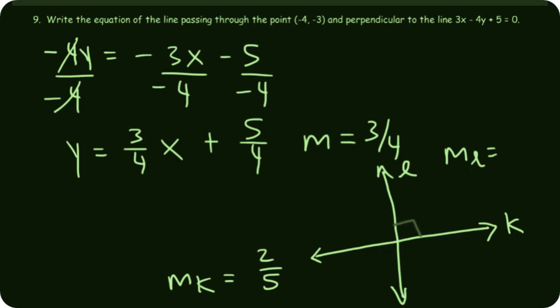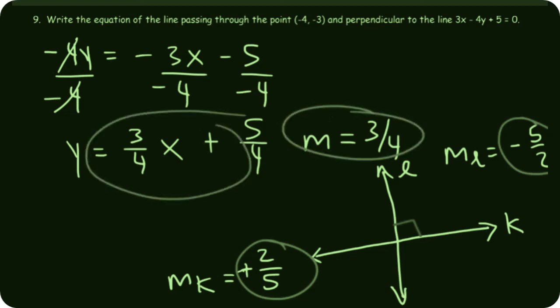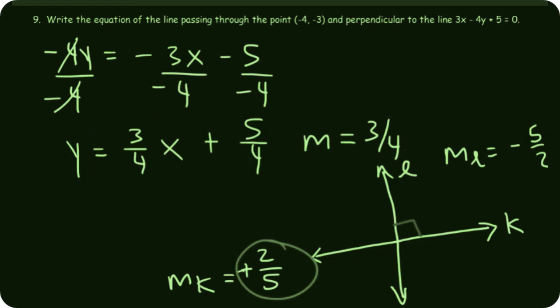Perpendicular lines have slopes that are the negative reciprocal of each other. So if this slope is positive, the other one will be negative, and then you need to flip the fraction. So the perpendicular slope of 2 over 5 is negative 5 over 2, and that tells us that these two lines are perpendicular. So the slope for this equation is 3 over 4.